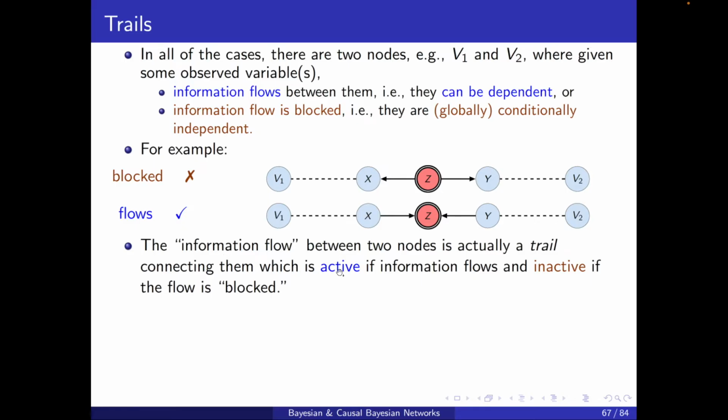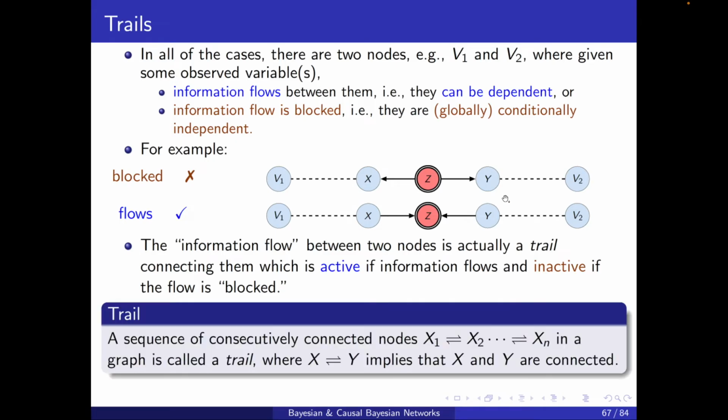The information flow between two nodes is actually a trail connecting them, which is active if information flows and inactive if it is blocked. That is what I really mean by information flow. And what is a trail? It's basically a walk without a cycle, if you know it from graph theory. So a sequence of consecutively connected nodes x1 to xn in a graph is called a trail, where x, y implies that x and y are connected.